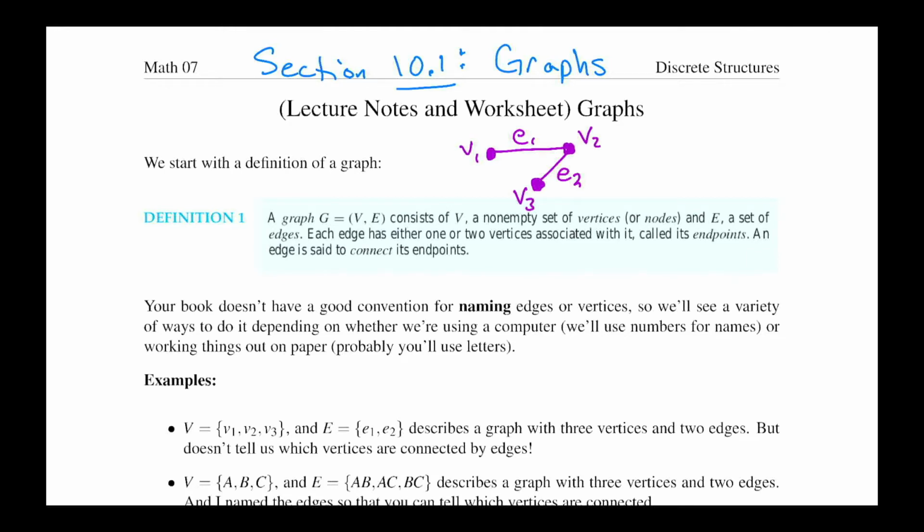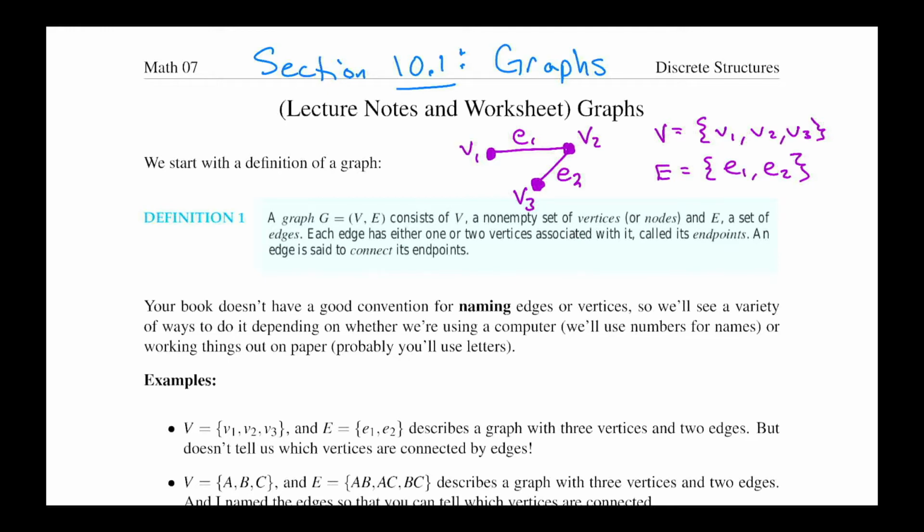And so in the graph that I just drew, V would be the set of vertices, which is what I called them, and then E would be the set of edges, which, what did I call them? E1, E2. And then altogether, that's the graph. If you know the vertices and you know the edges, you have the graph.